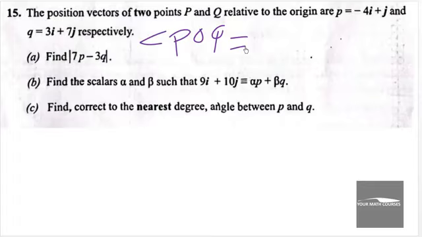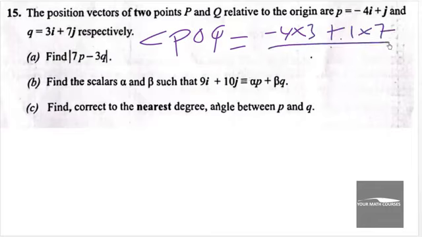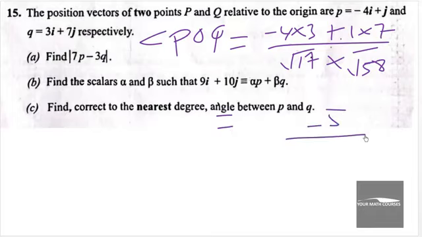So we get negative 5, all over square root of 17 times square root of 58. And that will simplify to negative 5 over square root of 17 times 58.